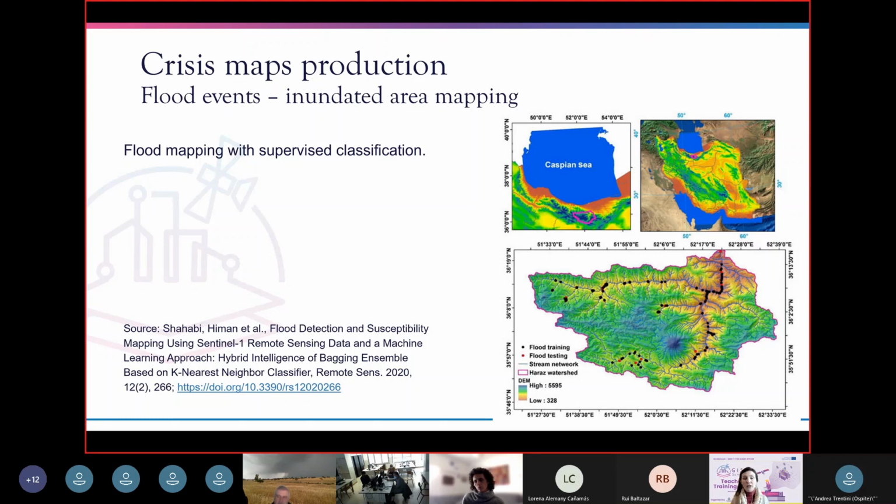The operator should identify all possible types of water that he's expecting over the image in order to draw the flooded area. Here you can see, with different symbols, the sets that have the samples taken by the operator for the flood training, but also for the flood testing.